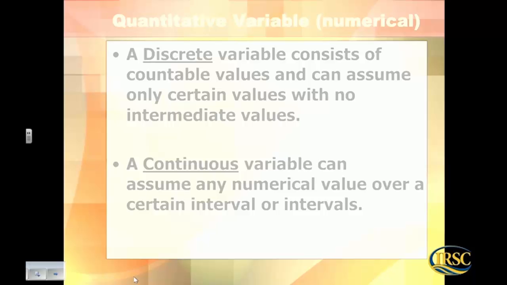A continuous variable can assume any numerical value over a certain interval or intervals. In other words, continuous is still a numerical value, but it can have intermediate values. For example, time. If we were looking at time in hours, you could say 1.5 hours have passed, or 1.25 hours have passed.